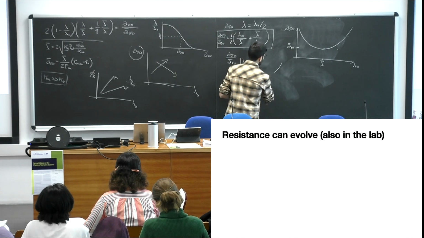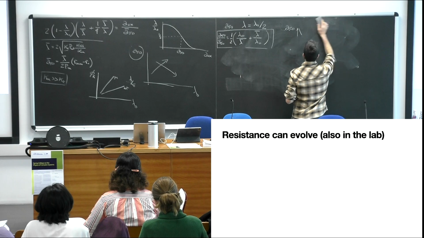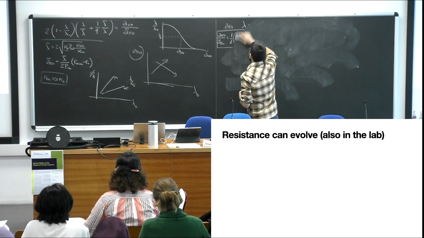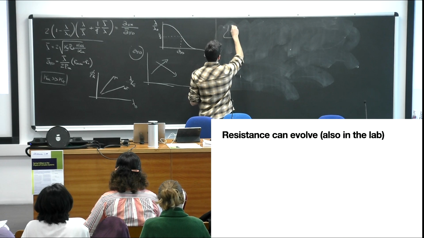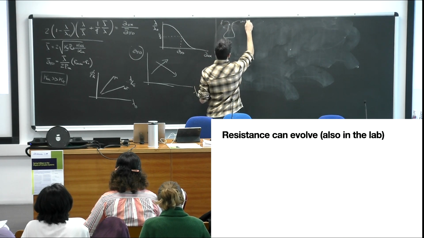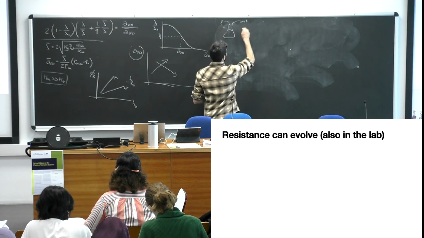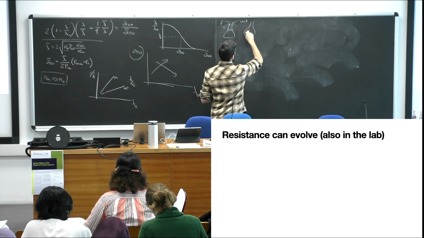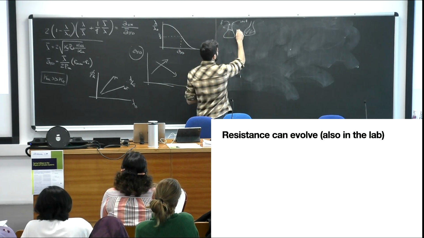So for instance, what you could do is that you have your bacteria, you have some antibiotics and some nutrients, they grow, they grow slower, right? They grow slower than in absence of antibiotics, of course.